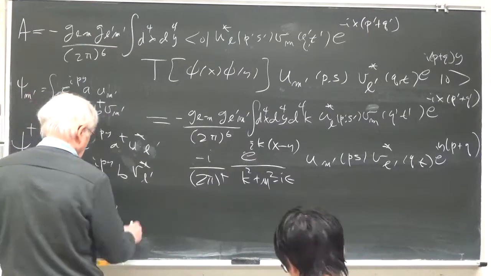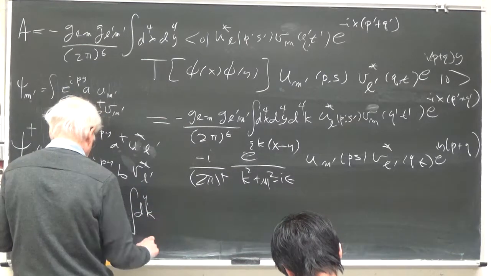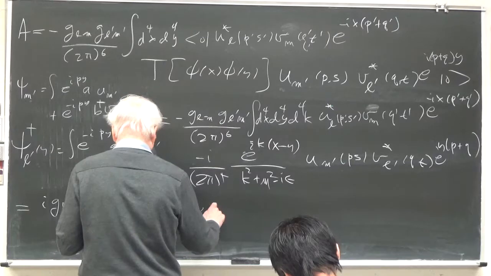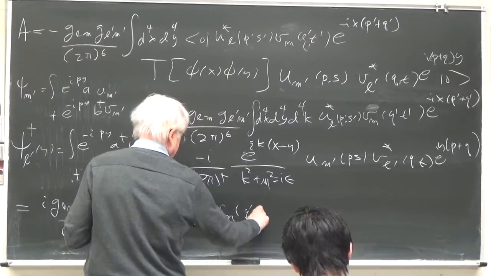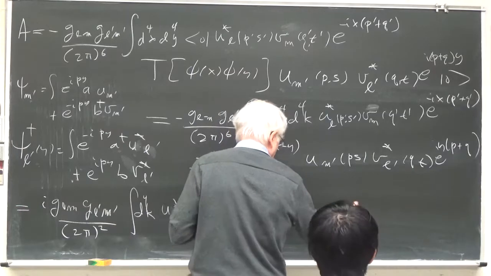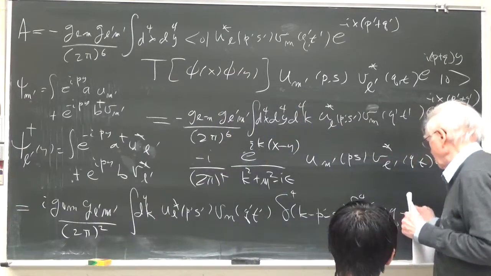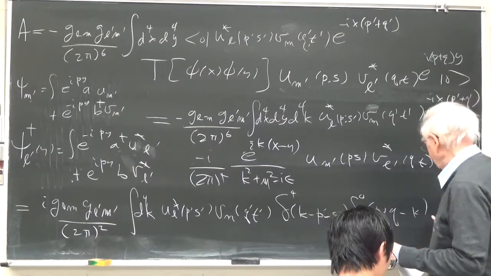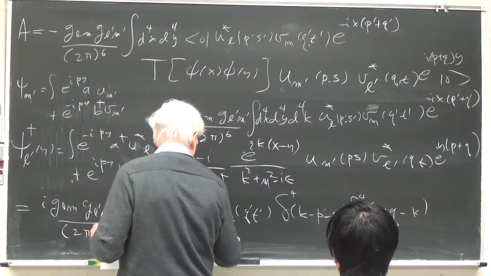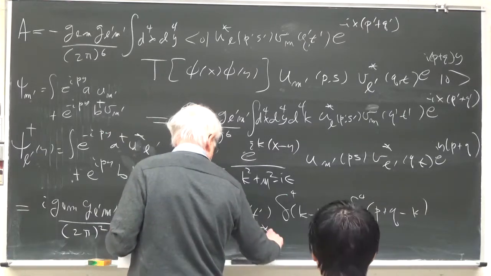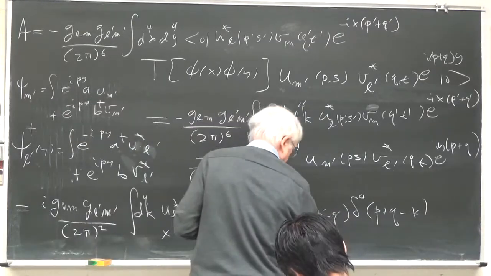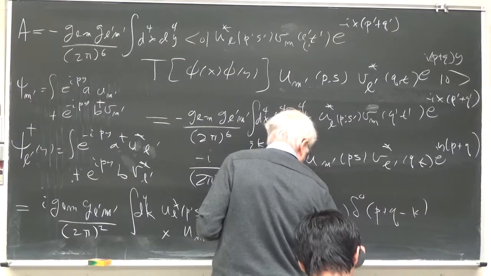And we have integral d fourth k, and we have UL star of P prime, S prime, VM of Q prime, T prime, delta fourth of k minus P prime minus Q prime, delta fourth of P plus Q minus k, times U M prime of P and S, V star L prime of Q and T. And then the propagator factor 1 over k squared plus M squared minus i epsilon.